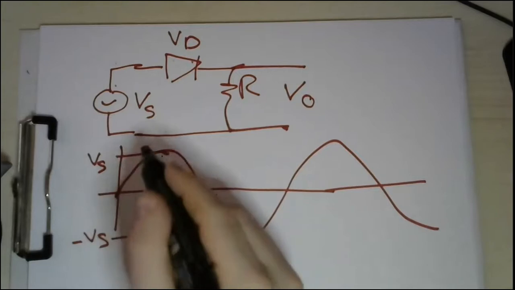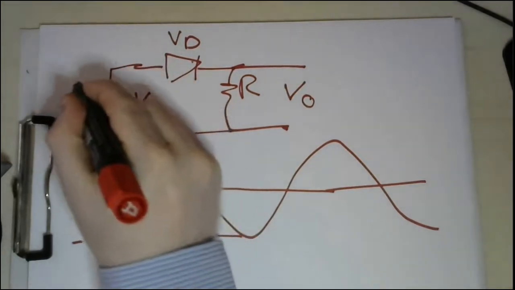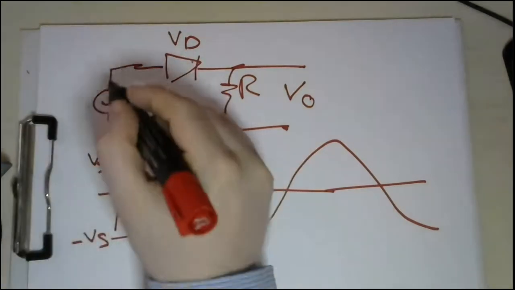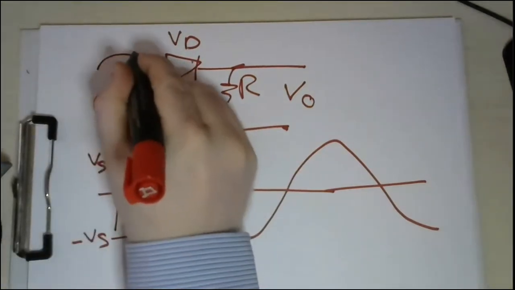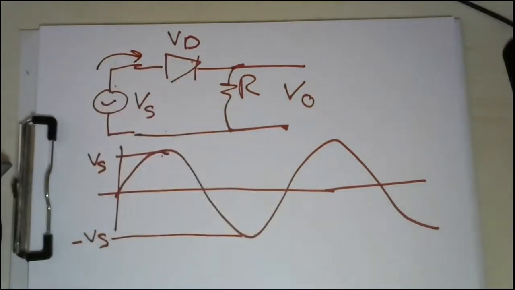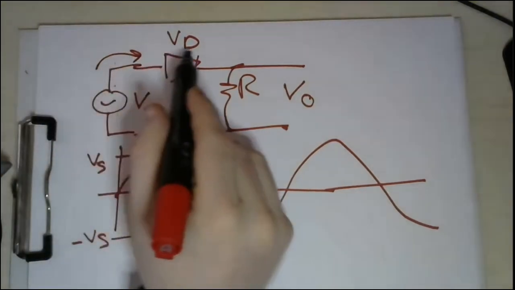Let's start with the positive voltage. If the voltage here is positive, I mean the positive cycle, that means that the current flowing is in this direction. This is the positive terminal, and the current flowing here is this. Assume that if you have a DC voltage here, the current flows from high potential to low potential.